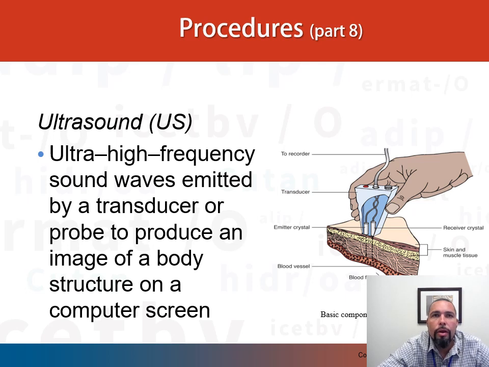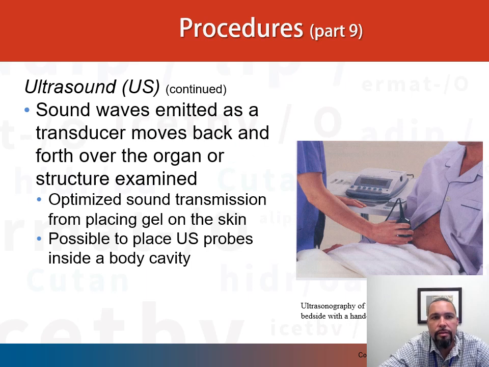So when we're looking at a fetus, this will be a very safe way to visualize what's happening inside of a mother's womb without causing any damage to the fetus. Sound waves are emitted as a transducer moves back and forth over the organ. Sound transmission is optimized by placing that very, very cold gel on the skin.